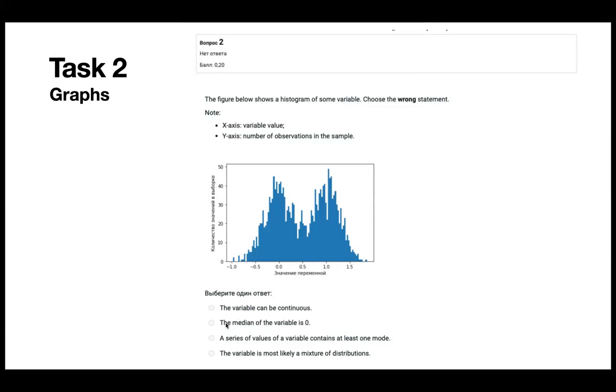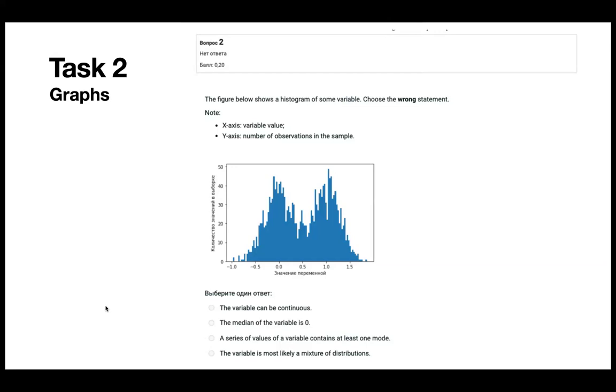Then, the median of the variable is 0. So how can we find the median of the variable? It's just the middle of our values. So here the median would most probably be 0.5 and surely not just 0. So that's our wrong statement, what we were looking for.